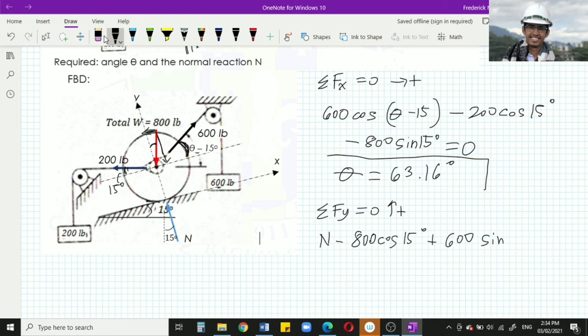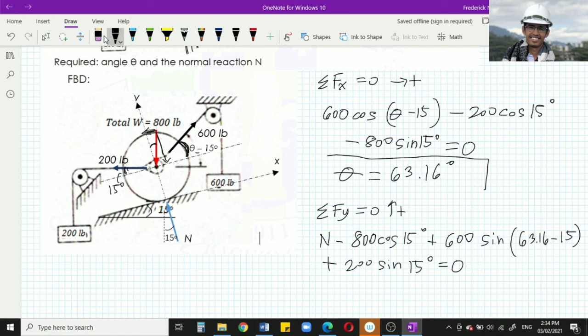So yung theta natin is 63.16 minus 15 degrees. Okay? So 63.16 minus 15 degrees plus yung sa 200 pounds naman, that will be 200 sine 15 degrees is equal to 0.